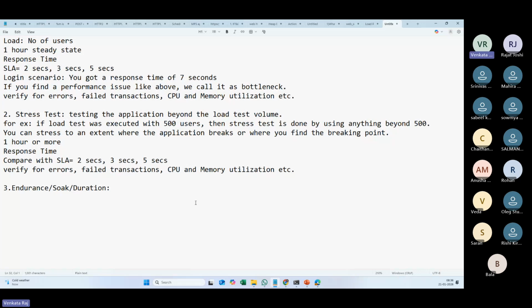So if the memory utilization reaches 100%, those server instances will auto restart, and that is also an indication that the application is not able to manage this number of users, and we might need to increase the capacity of the application. There are other factors also, but yes, whatever you asked is also considered one of the points.